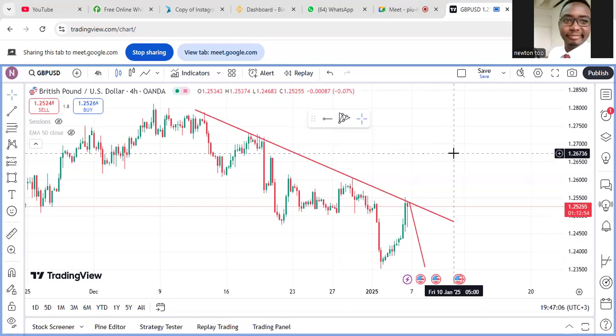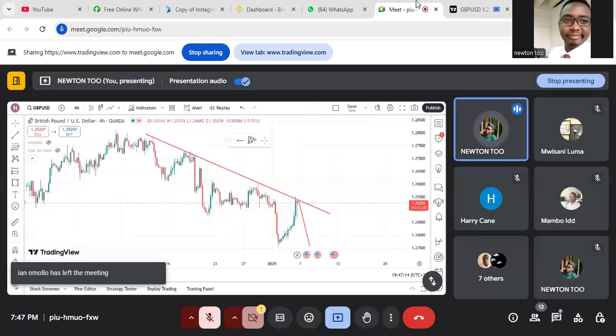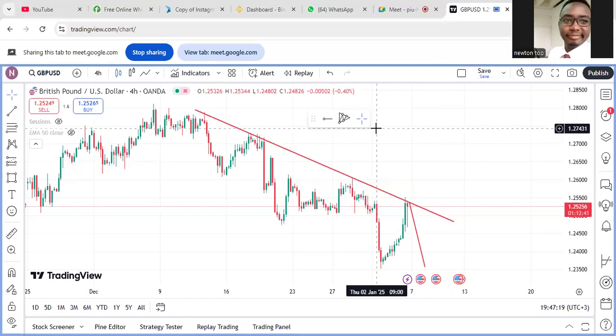You see how the market is sometimes different across time frames. On this time frame, someone is looking to buy. On the other time frame, another person is looking to sell. So sometimes it differs. But you just stick with what you know.